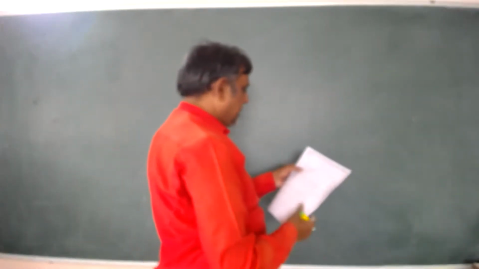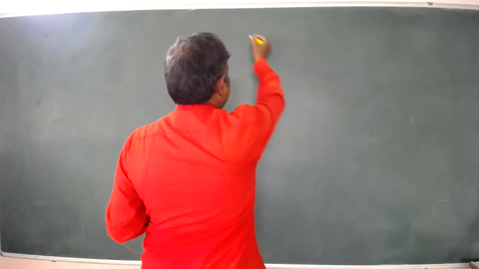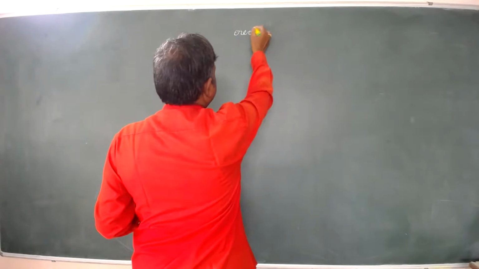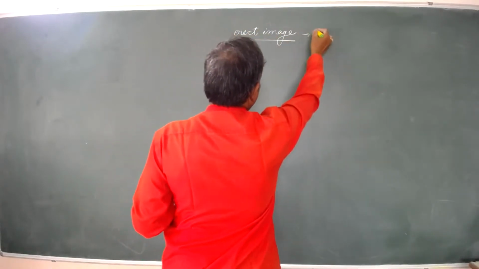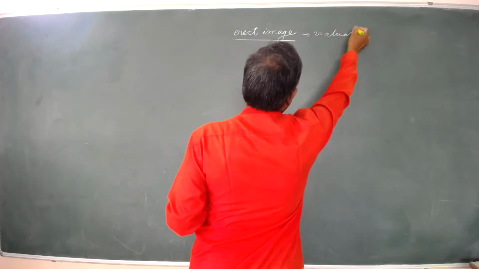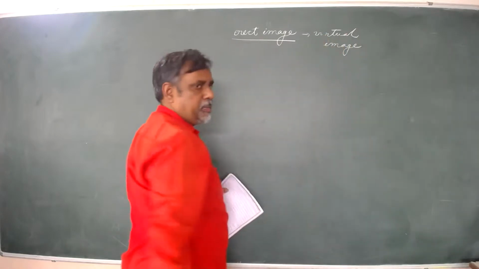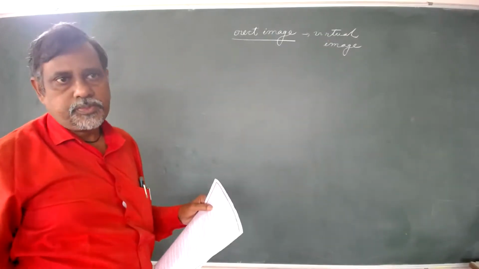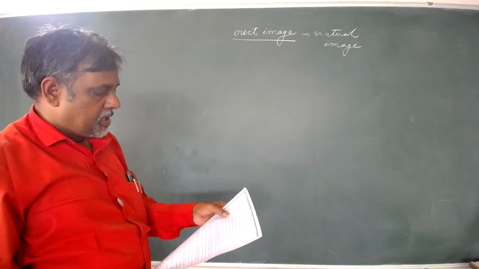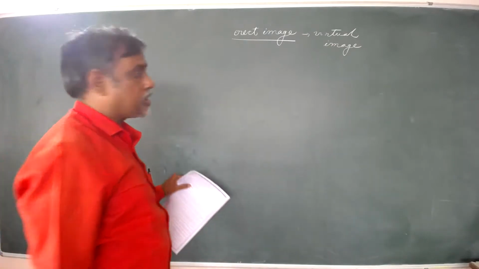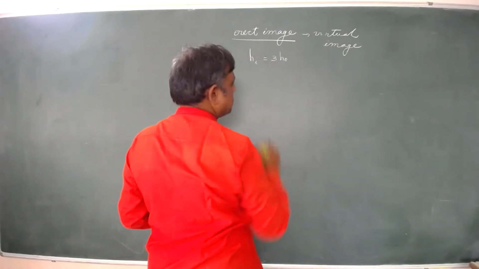Here is an object. There's an erect image. Here, erect image is formed. That means what is this? Virtual. Erect image means that is virtual image. Got it? Okay. So 3 times the size of the object, so hi is equal to 3h.